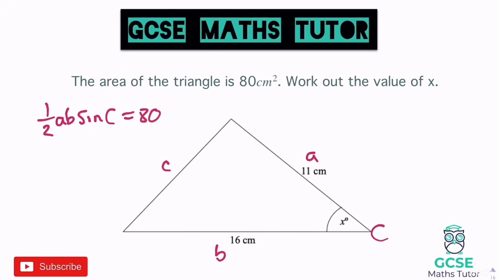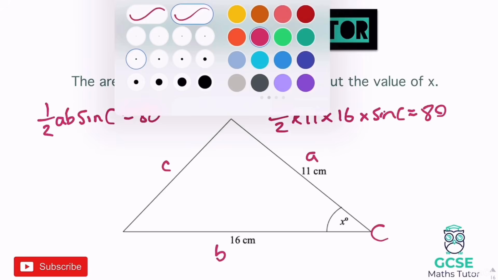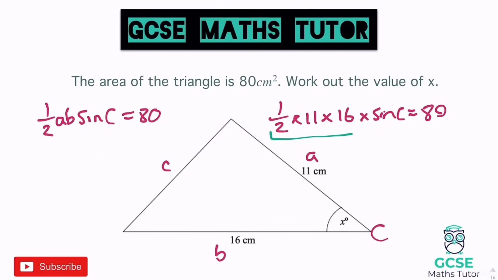So if I was to type this into the formula, we'd have a half times 11 times 16 times sine C, and it would equal 80. Now I can't actually work that out, but what I can do is I can work this bit out. So if I do a half times 11 times 16, we get the answer 88. So we have 88 times sine C equals 80.